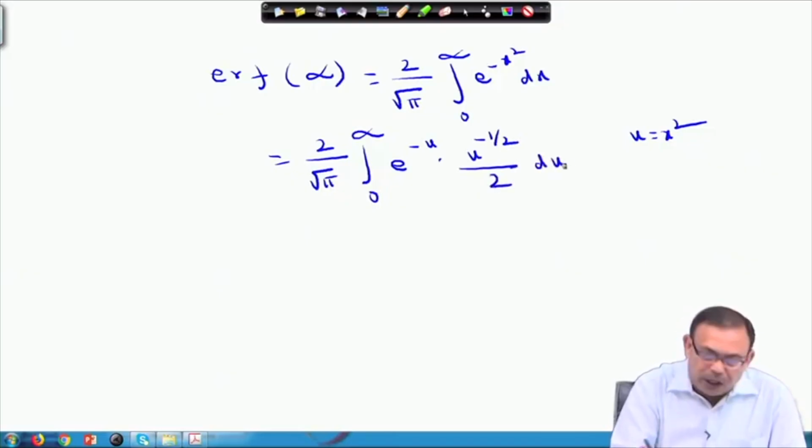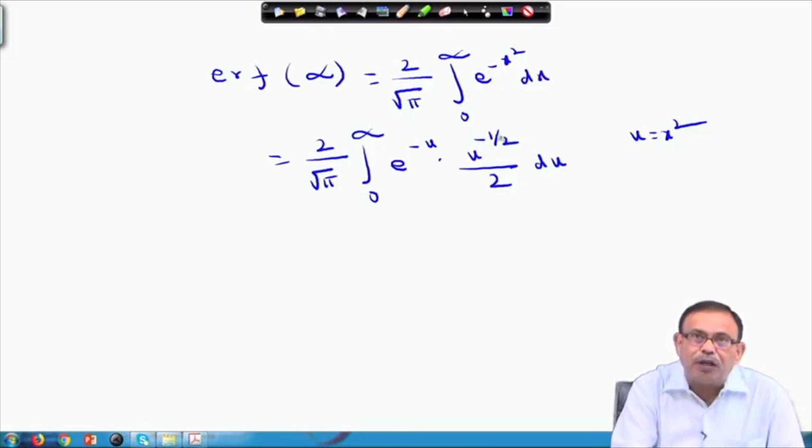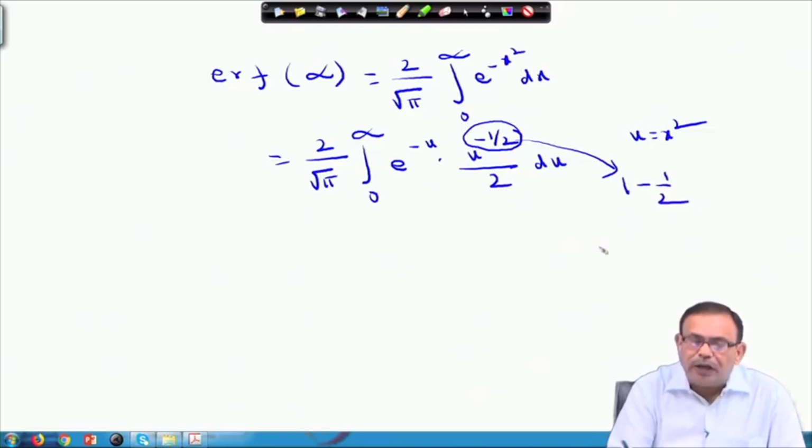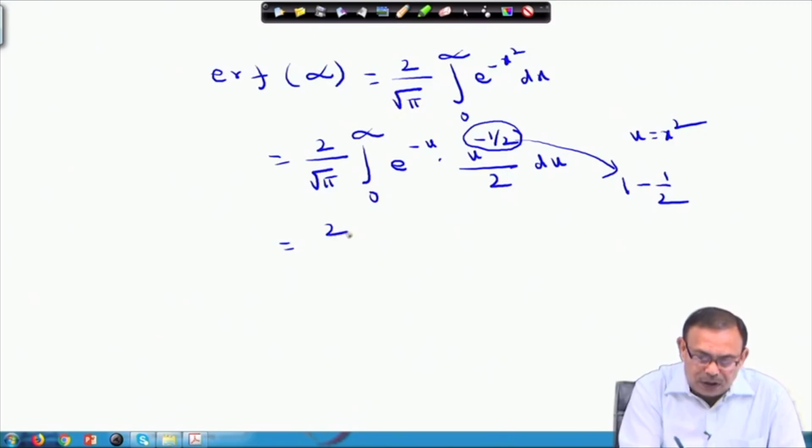This minus half you can write as 1 by 2 minus half, so that I can express this function as a gamma function directly.